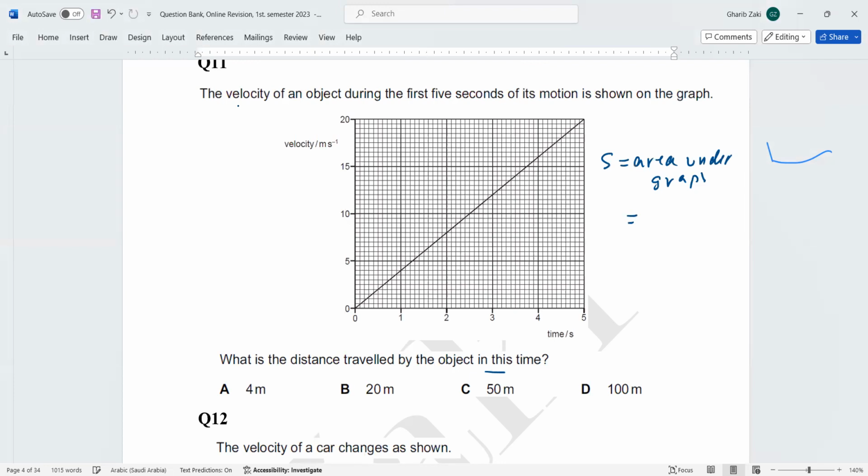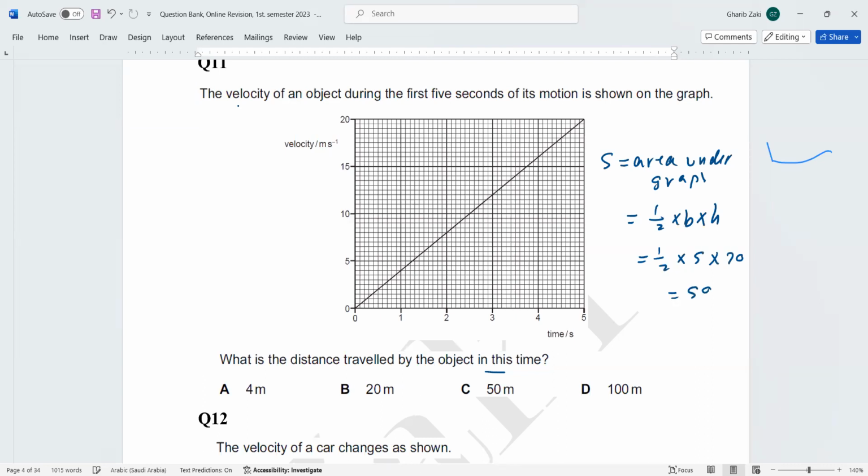Now, on this time, it means the total area of the triangle. So it's a half multiply base multiply height. So it's a half multiply 5 multiply by 20. Then the answer becomes 50.